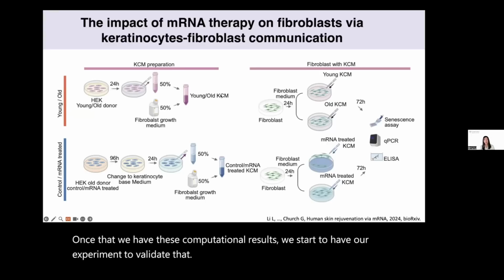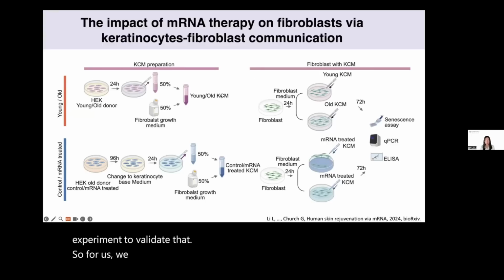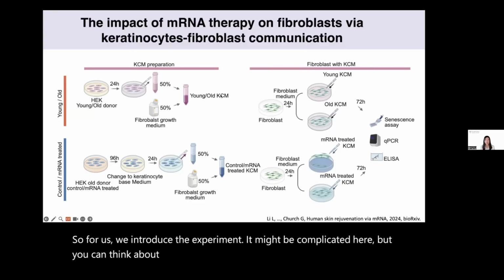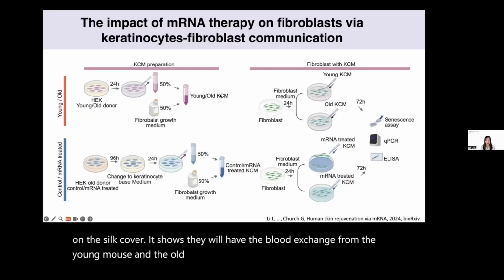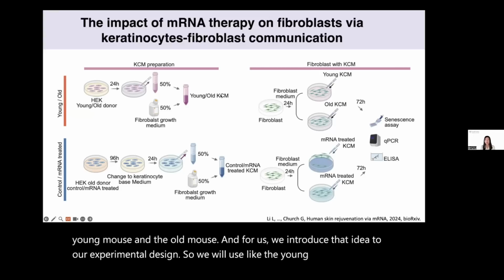So for us, we introduce the experiment. It might be complicated here, but you can think about there was one paper published in Cell cover. It shows they had the blood exchange from the young mouse and the old mouse. And for us, we introduced that idea to our experimental design. So we will use the young keratinocyte conditioned medium.